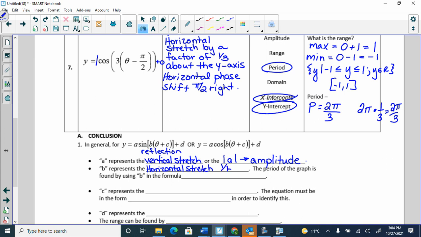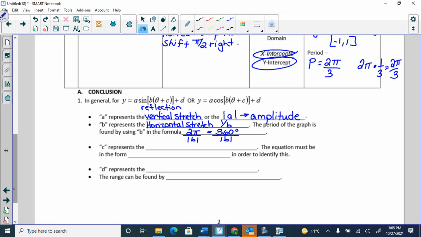But it's a horizontal stretch of 1 over b, right? The period of the graph is found by using b in the formula 2 pi over b, technically absolute value of b, or 360 over the absolute value of b. C represents the horizontal phase shift.